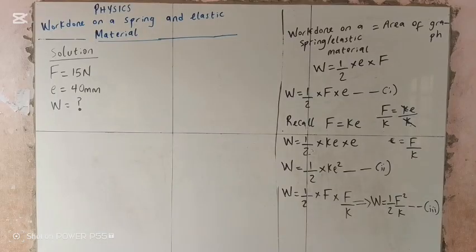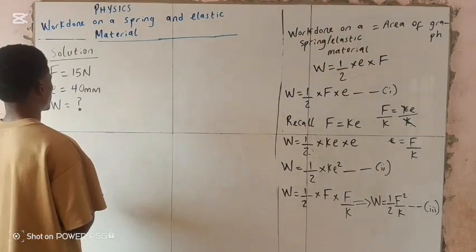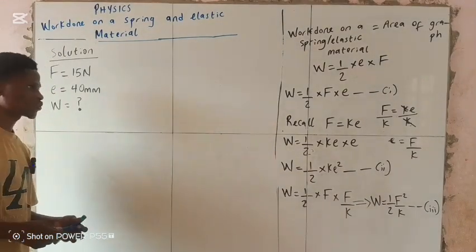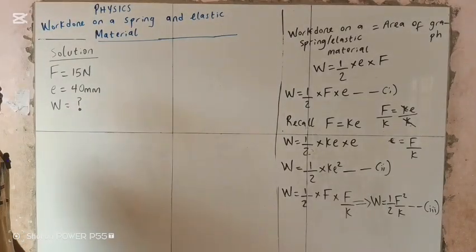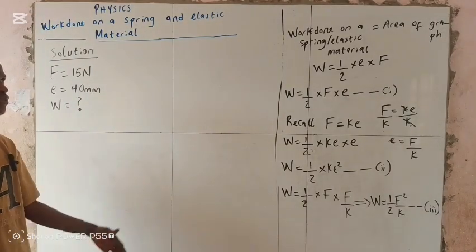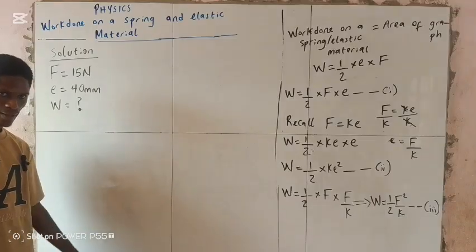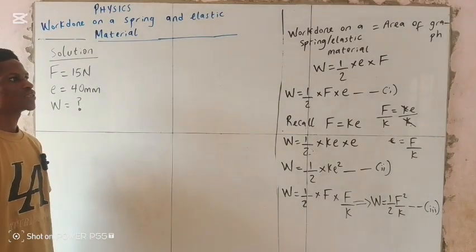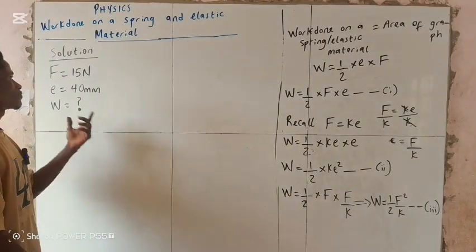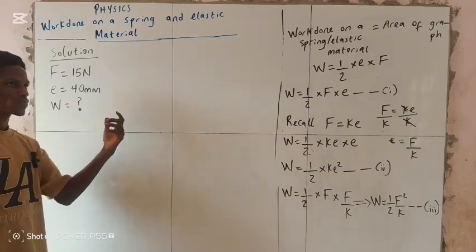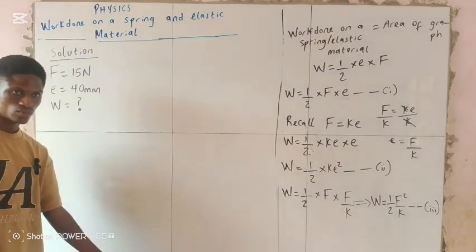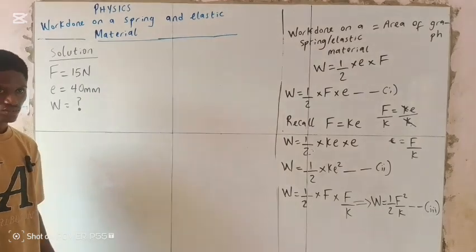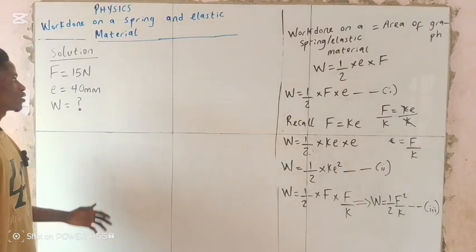So very simple. Our first task here is to convert from millimeter to meters. Now listen very well. In your question, if the options are in millimeters per Newton, you don't need to convert.